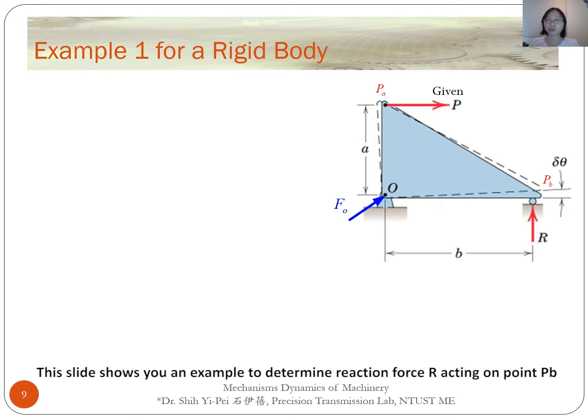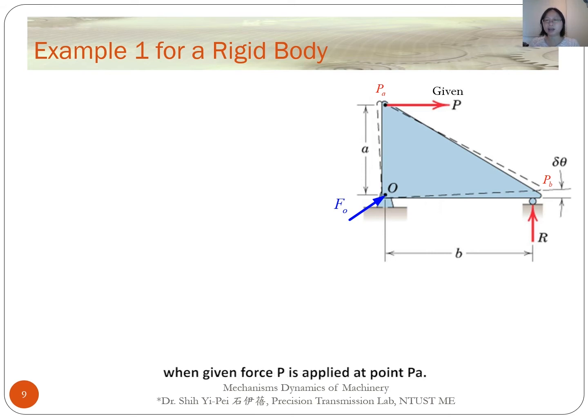This slide shows you an example to determine reaction force R acting on point PB when given force P is applied at point PA. Total virtual work done on the entire rigid body is 0, since the body is in equilibrium.